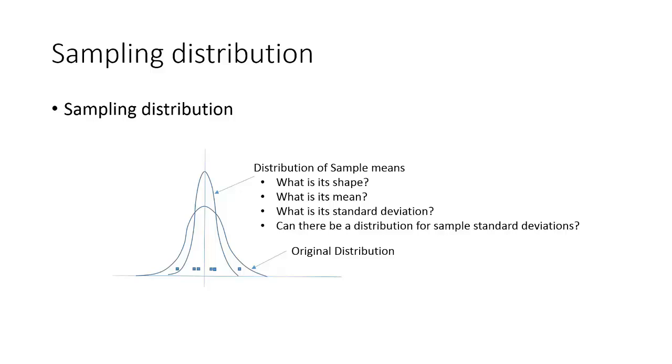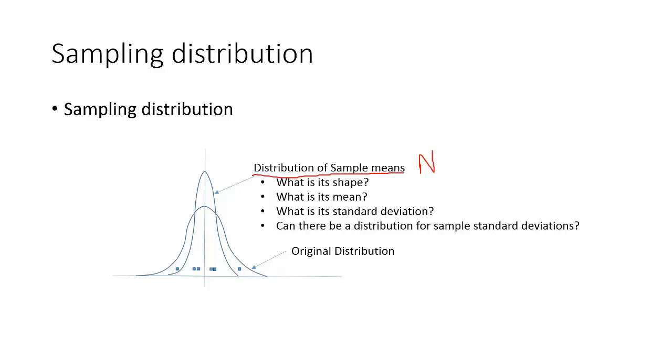But we also went through the central limit theorem, where we said as long as you're aggregating a sufficiently large number of distributions, the resulting distribution starts to look normal. So even if your original distribution is not normal, as long as you're aggregating a sufficiently large number, this distribution of sample means becomes normal. Okay, so that's the shape.